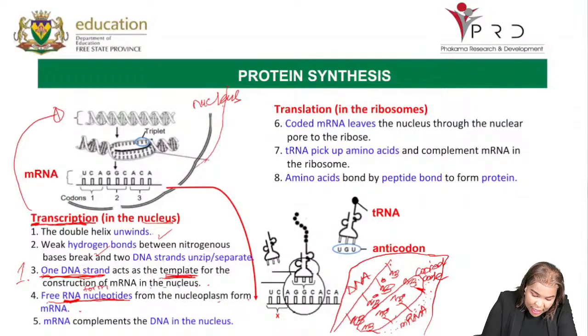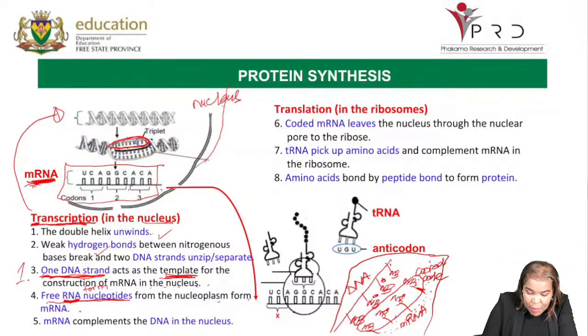But once this mRNA is formed, so you see here, this is an example of an mRNA that is formed. Look where it is written mRNA, mRNA there at the top, mRNA where I am. This is the new mRNA that was formed from this DNA. So this mRNA copied the code from this DNA. It formed this mRNA.